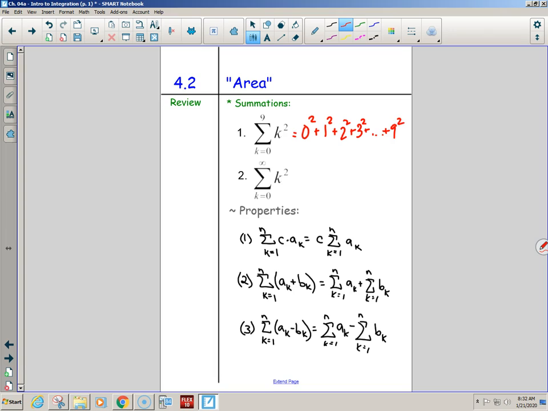It can be a little tedious to write it out by hand, but if you can throw it in a sigma and say, hey, computer, help me, please, that's a lot nicer. Repeated addition can be summarized into a sigma, which is really nice.